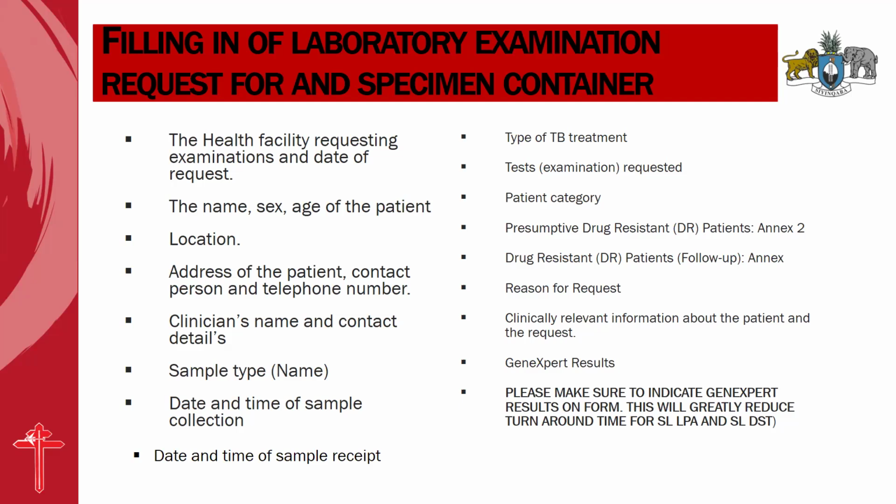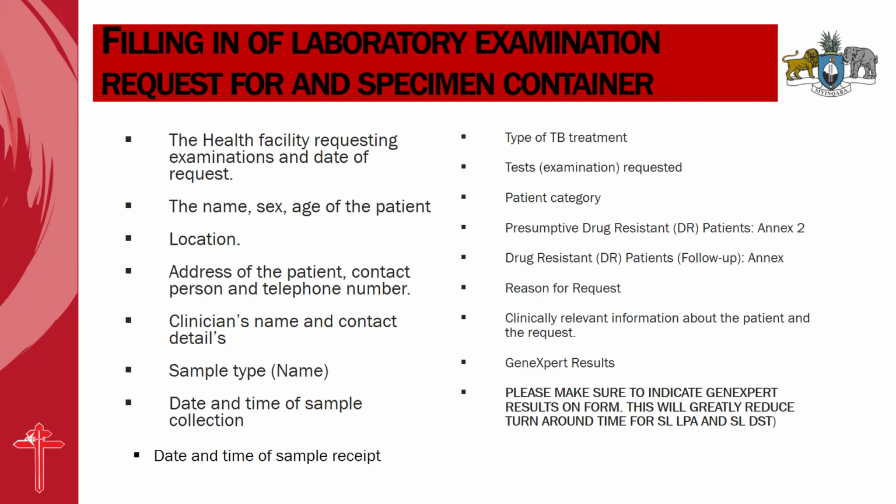It's important to include the clinician's contact details, because sometimes the examination request has tests that contradict what is required for a presumptive case or for a follow-up, so the lab has to confirm. If there's a number for the clinician, it will be easy to confirm.